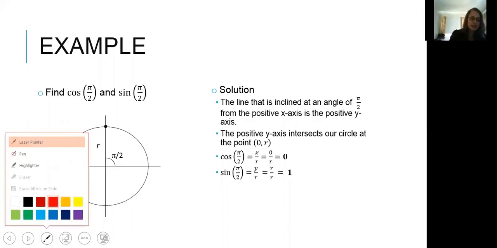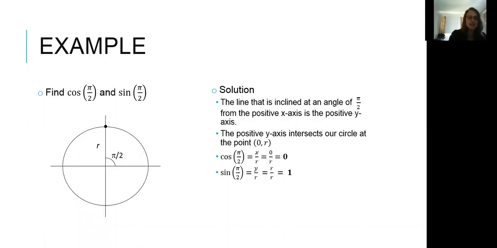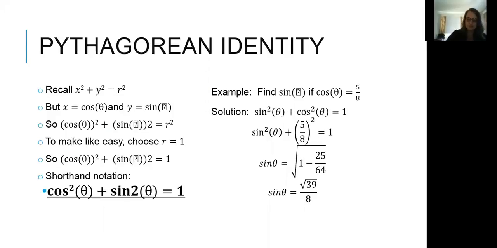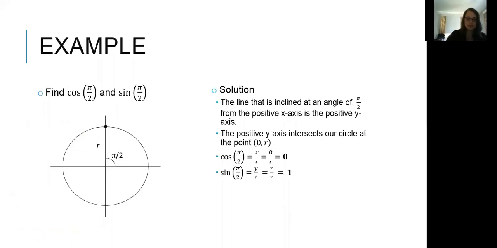So in radians, we're working in radians now. So our point, we started at our x-axis, we move out along the circle pi over 2 radians, and we get to that point right there.